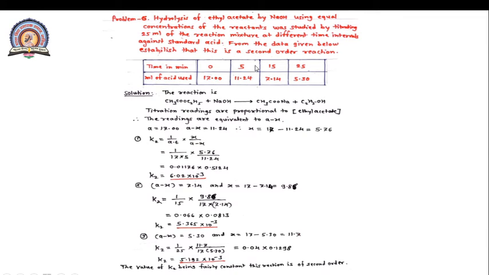The solution, the reaction is ethyl acetate reacting with NaOH forming sodium acetate plus ethanol. Titration readings are proportional to the ethyl acetate, and therefore the readings are equivalent to A minus X.